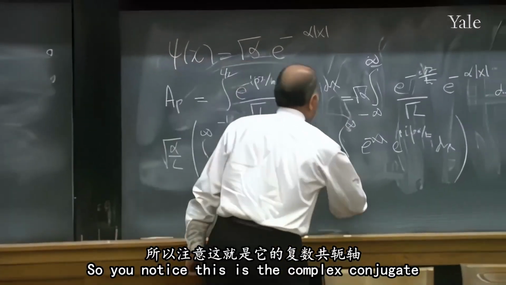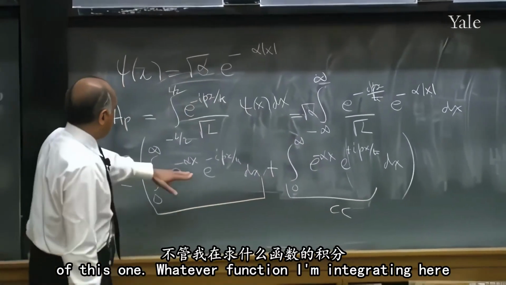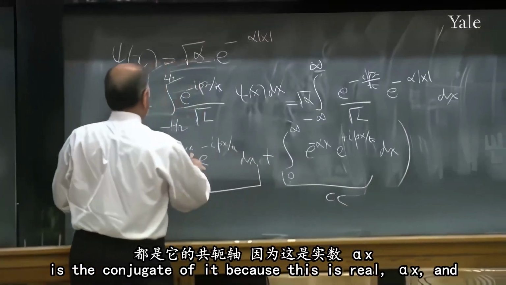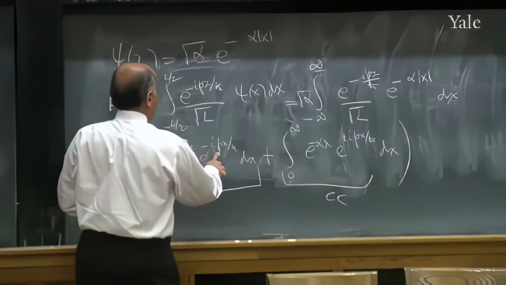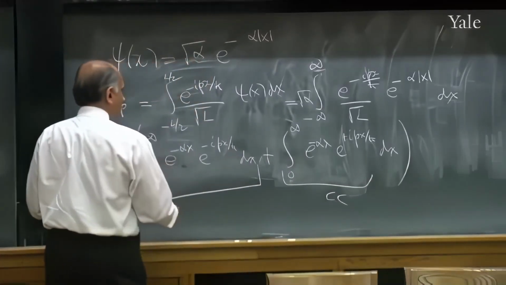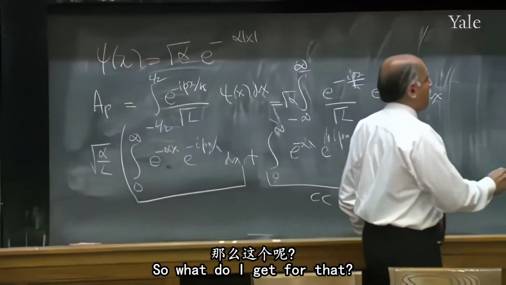So you notice this is the complex conjugate of this one. Whatever function I'm integrating here, this is the conjugate of it because this is real, alpha x, and minus ipx has become plus ipx. So if I find the first part of the integral, I just take that times its conjugate and I'm done. So what do I get for that?